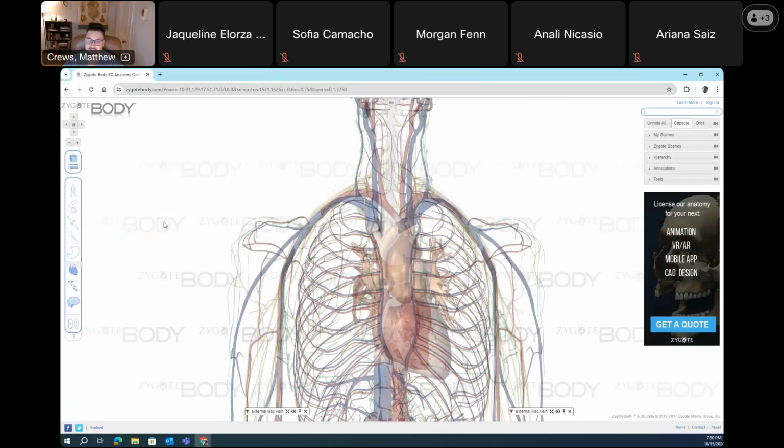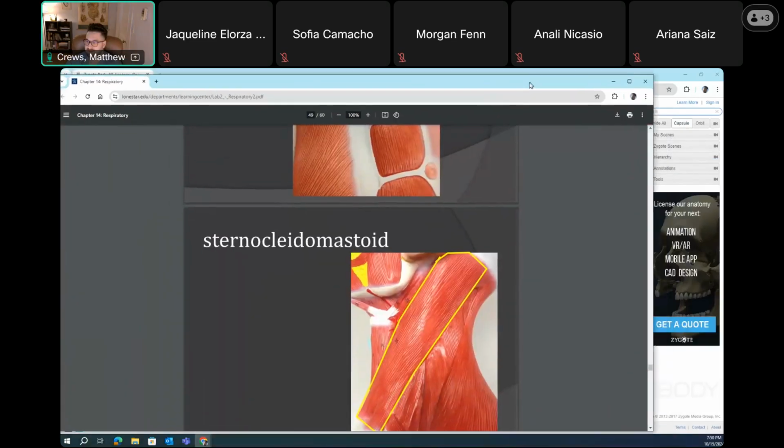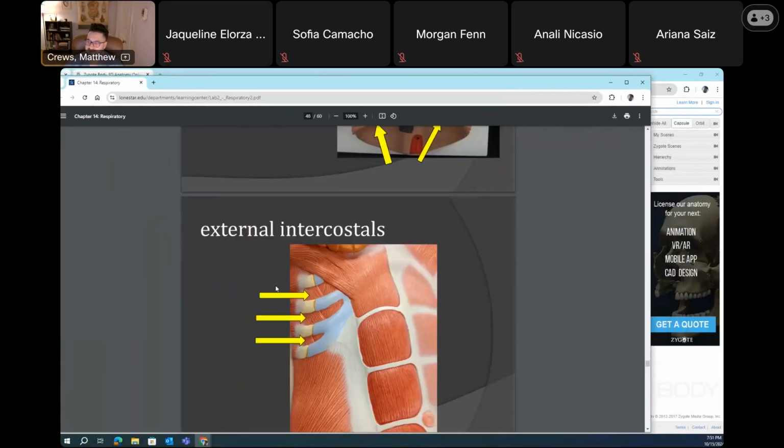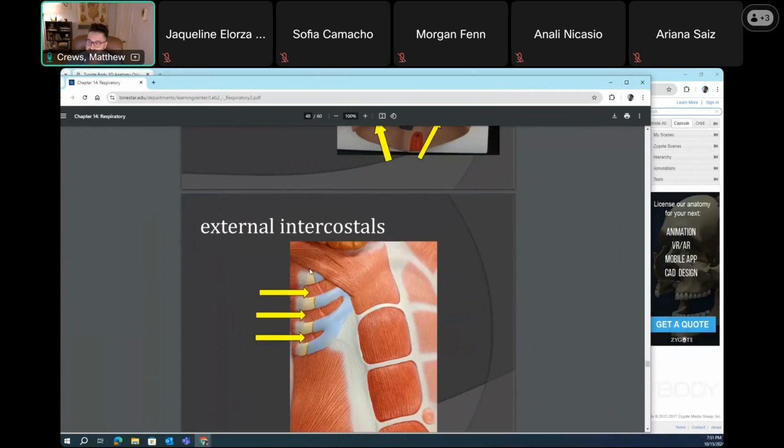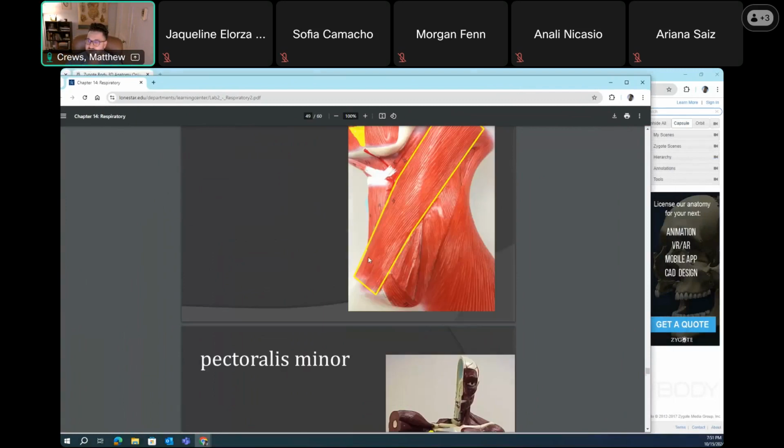Well, that didn't work. Okay, so you've got external intercostals. I'll drag this over. Those are your most external muscles between your ribs. Then you've got your sternocleidomastoid.